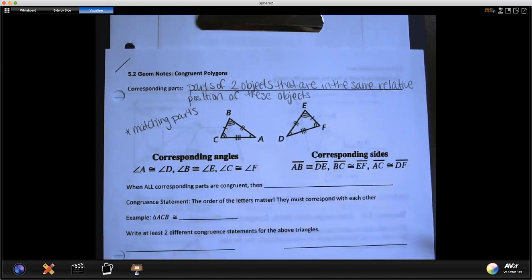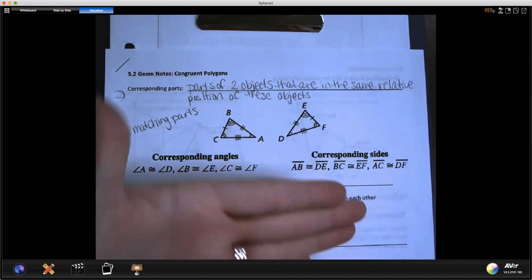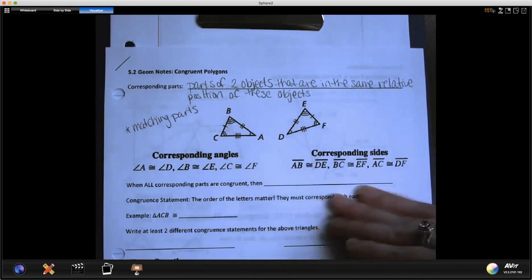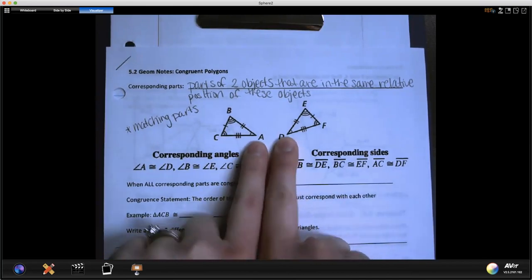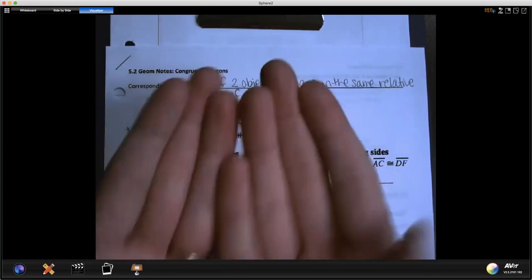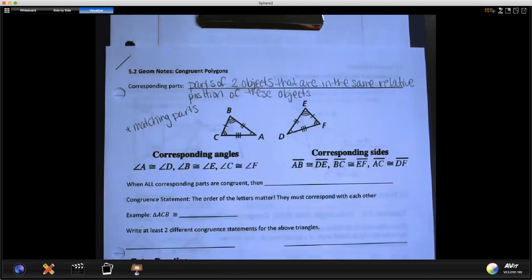So it's kind of like one is facing this way, and then the other one is flipped over, because A and D are congruent, B and E, and C and F. So it's kind of like a mirrored image. Does everyone see that? So it's still the same triangle, it's just a mirrored image of it.